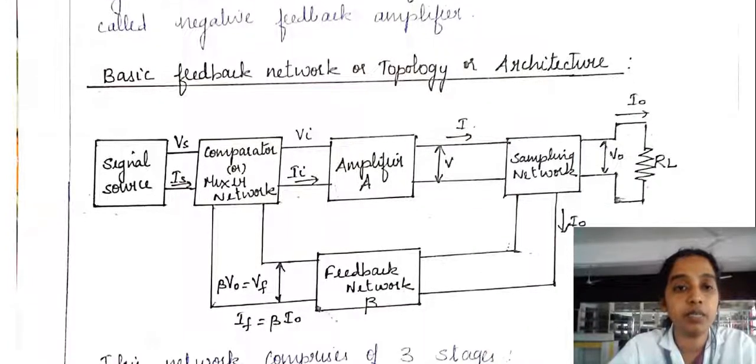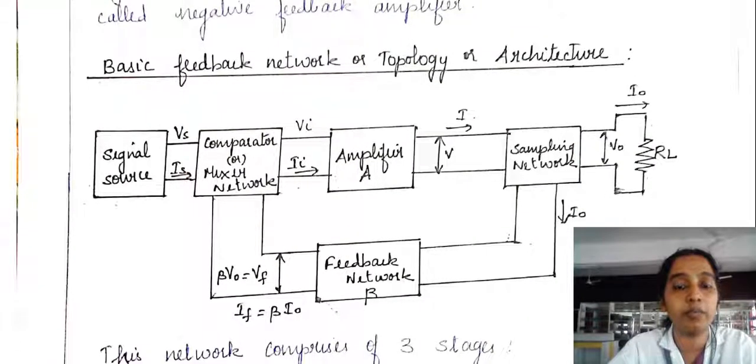This is the general block diagram of the basic feedback network. We have a signal source, and a mixer network which combines or mixes the input signal with the feedback signal. Both the signals are sent to the amplifier and the amplifier output is sampled.